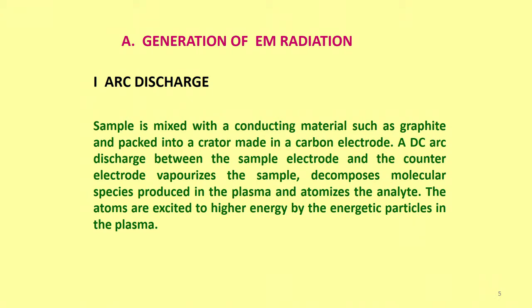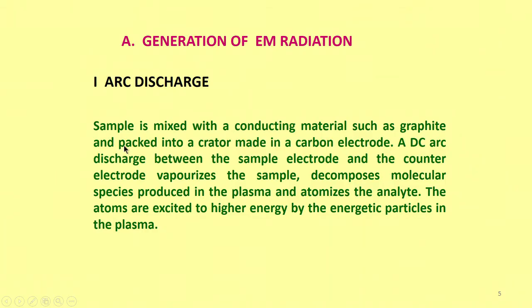Usually we take the sample, mix it with conducting materials, and take 2 electrodes, put the sample in a hole inside them, bring the 2 electrodes nearer and strike an arc by passing electric current. The moment the 2 electrodes strike, there will be a flash of fire and the arc is generated.